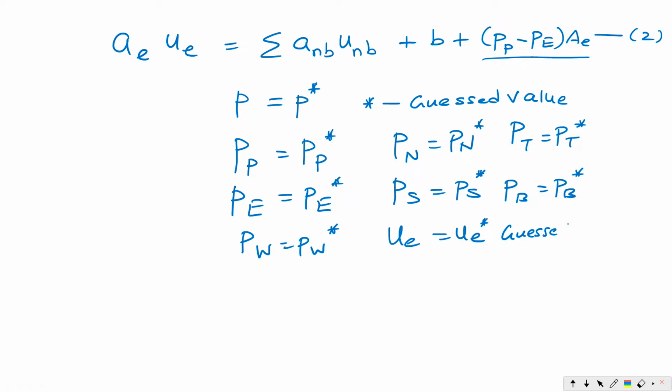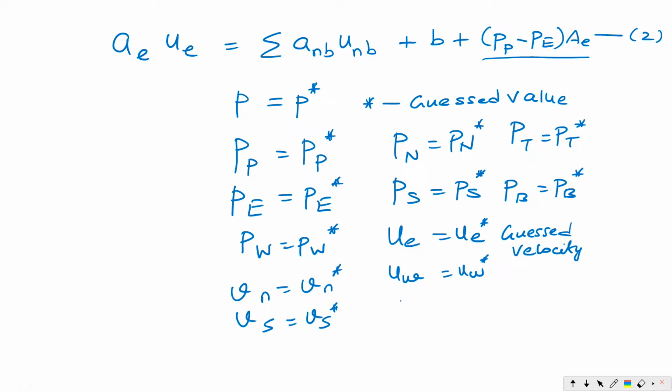The corresponding velocity we obtain is called the guessed velocity. UW will be called UW star. VN will be called VN star. VS will be called VS star. I hope you got it. WT will be called WT star, and WB will be called WB star.